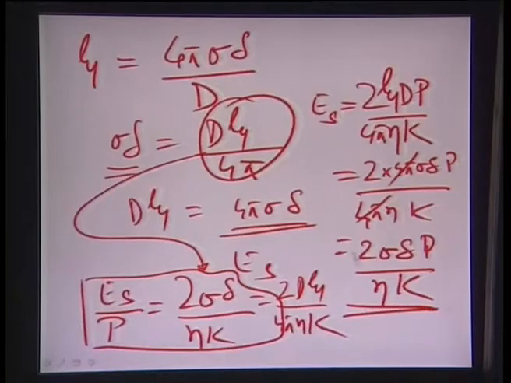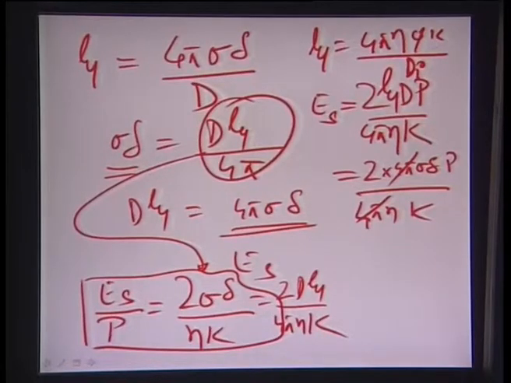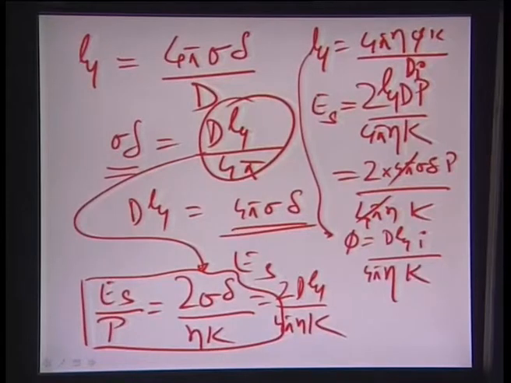And we can easily find a correlation between the flow rate phi and the current I by looking at the equation that we derived earlier, which talked about the relationship between the zeta potential and these other parameters: 4 pi eta phi k divided by d I. If you readjust these parameters, you are left with the value of phi, the flow rate, as d zeta I divided by 4 pi eta k, and this can also be represented as phi by I is d zeta by 4 pi eta k.